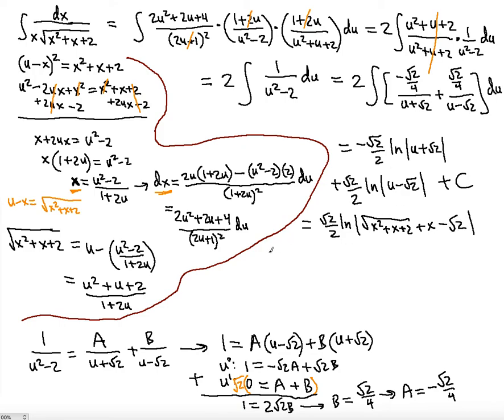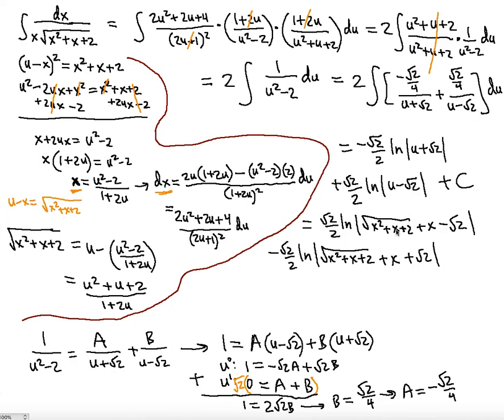Now this part, minus radical 2 over 2, same thing, ln of the square root of x squared plus x plus 2 plus x again, but this time plus radical 2. And of course plus a constant. Now you can put this in a single expression form.